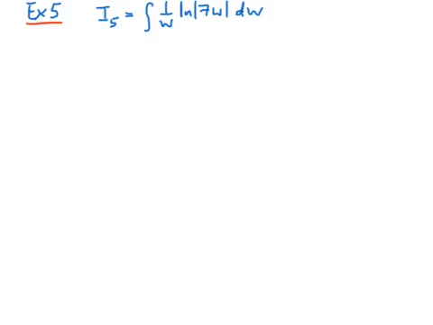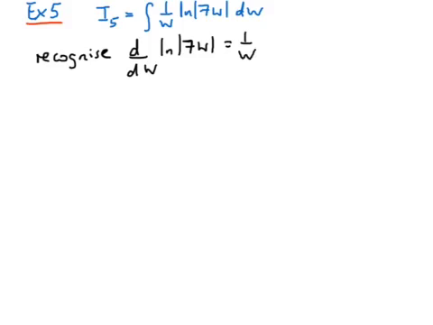So in this integral, we want to integrate 1 over w multiplied by the logarithm of the modulus of 7w. And it's helpful if we recognize that the derivative with respect to w of the log of the mod of 7w is just 1 over w. Now, if you're not completely confident with this, there are two different ways of seeing it.